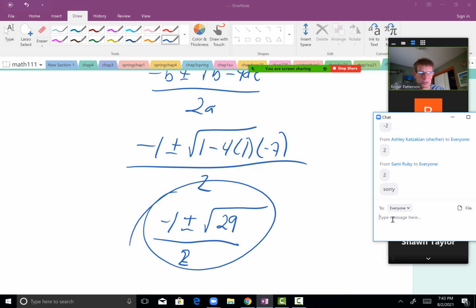Okay, we're going to keep progressing on this. All right, I'm going to give you another one. This time, I'm going to give you a 4th degree. Oops, I got to put a negative in front of it. Okay, so there's the next one.